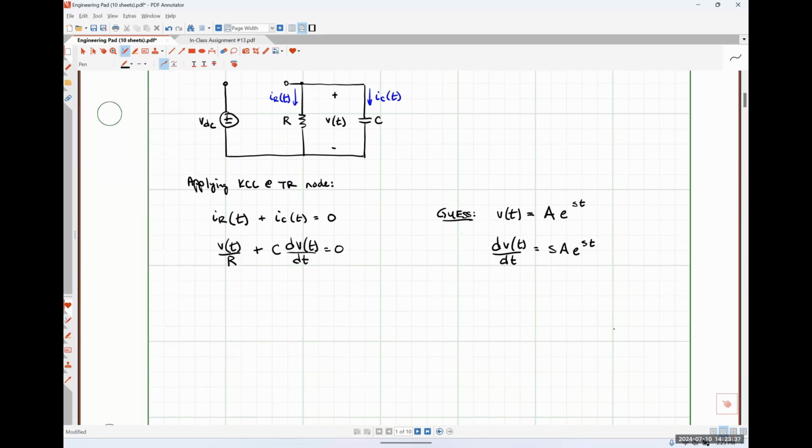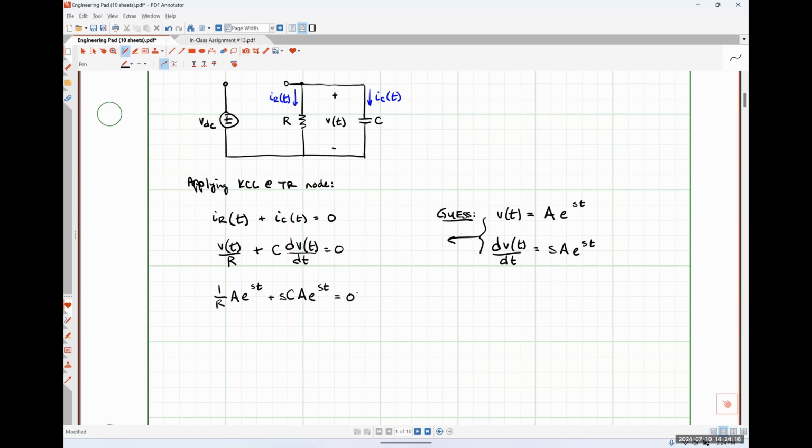Okay? So if I put in my guess value here, I'm simply going to substitute this information into our first order differential equation. And so what I'm going to have is 1 over R times A e to the st plus s times C A e to the st is equal to 0.